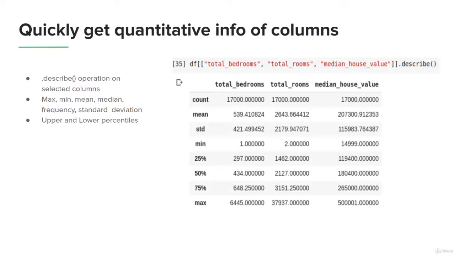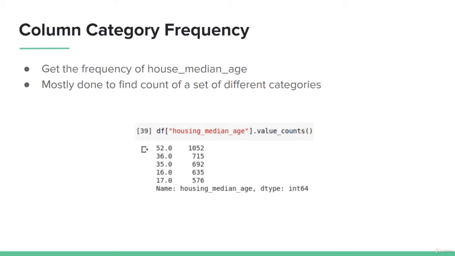So what if you want to calculate the frequency of individual values, like we saw in the histogram? We wanted to extract information on the frequency of each value. For that, we will use the value counts operation. We will select a particular column and call value counts, and that will give us the count of each particular value.